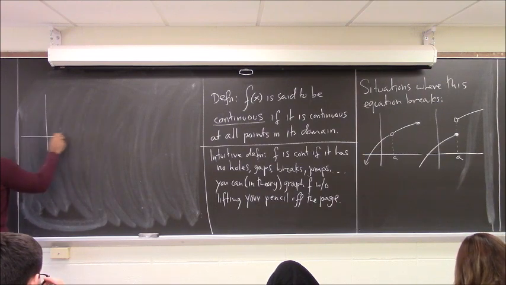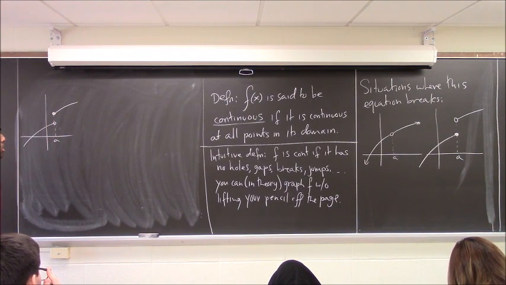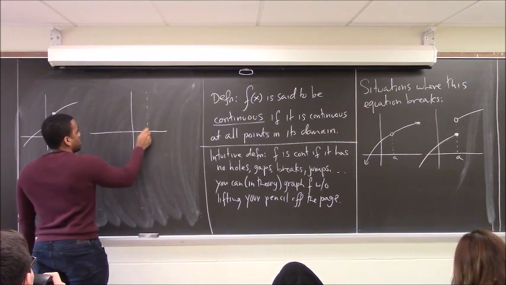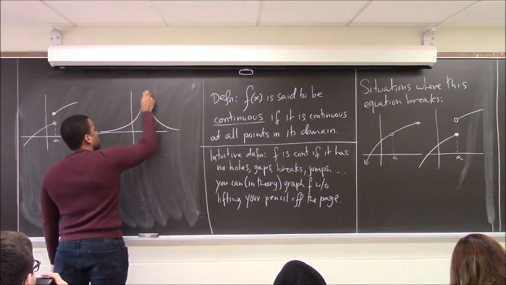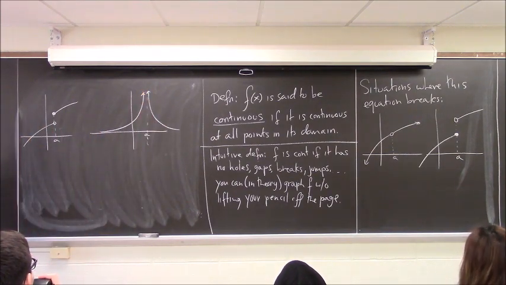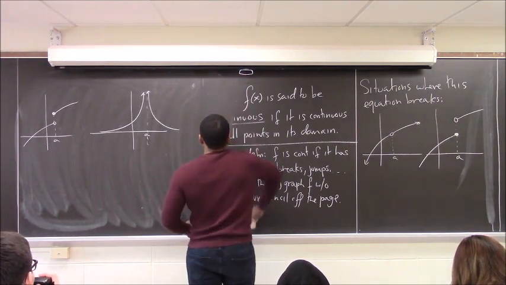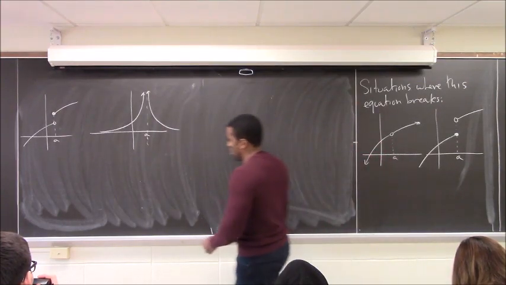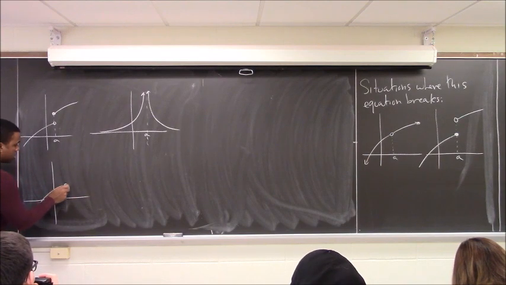There's the slightly opposite case, but in principle it's going to be the same as that situation. You can also have a situation like, let that be the a, your function is doing something like this. You can also have a situation like this.